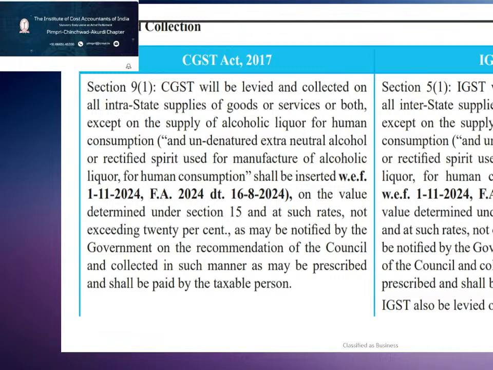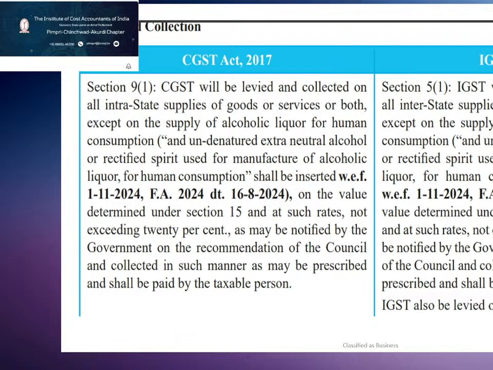Same for tobacco leaves, and we have essential oils other than citrus fruits. In this case, the supplier of goods may be any unregistered person. If he is an unregistered person, then the registered person has to pay the GST.